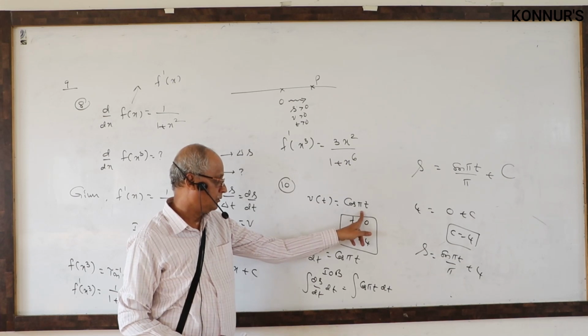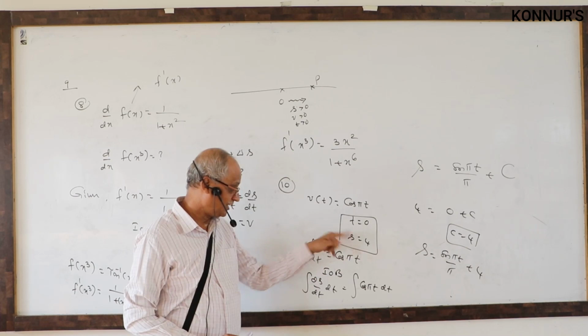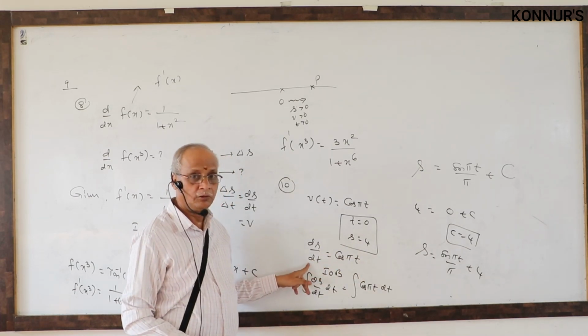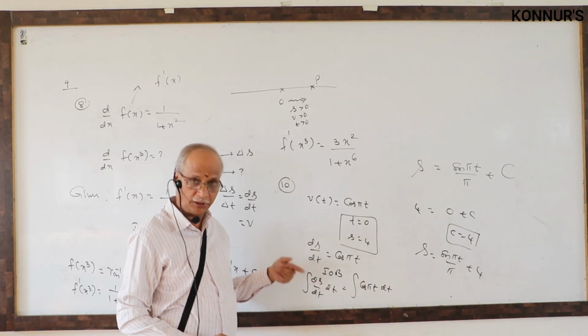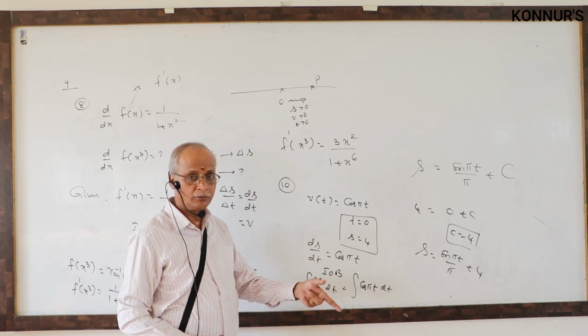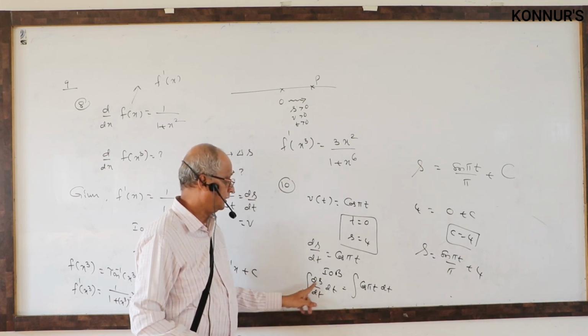Velocity is nothing but ds by dt. We want s. We don't want the derivative. How to eliminate the derivative? By calling its anti-operator. Who is the anti-operator of derivative? Integral. Therefore, integrating both sides. If we have an integral, to eliminate integration, differentiate both sides.